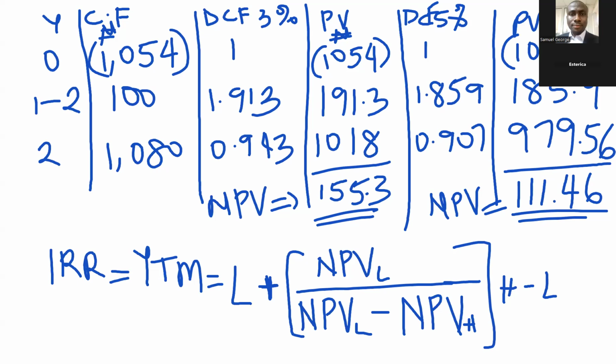Okay, so let us put everything in the format. NPV of the lower rate is 155.3, NPV of the higher rate is 111.46.